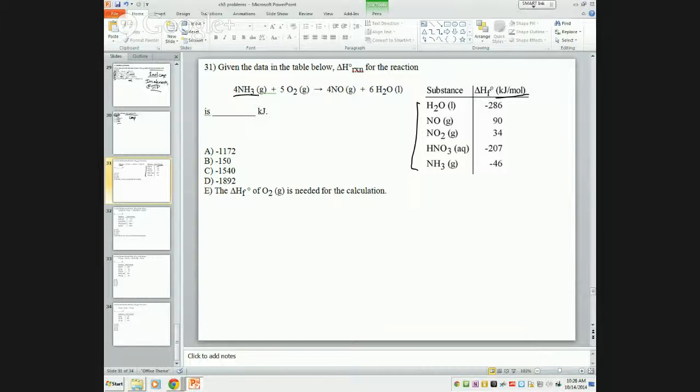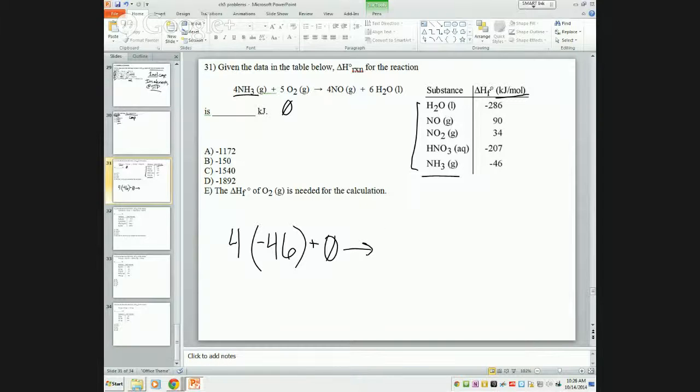We got 4NH3, so I got 4 times, well, how much heat is used or given off when I make NH3 gas. So there it is. So I got 4 moles of those, so I got to do 4 times -46. And what about oxygen? Well, it's not on there, right? What are we going to do? Why is it not on there? Because it's an element. At standard conditions, it's 0. So no delta H formation there.